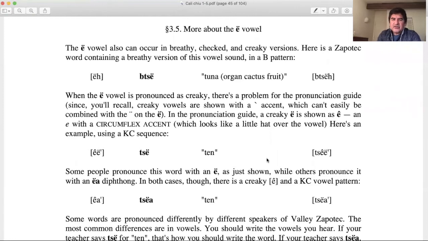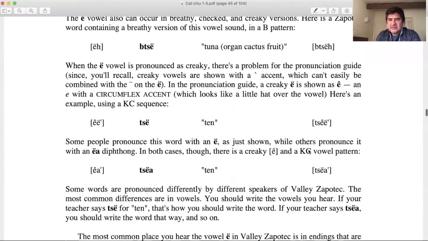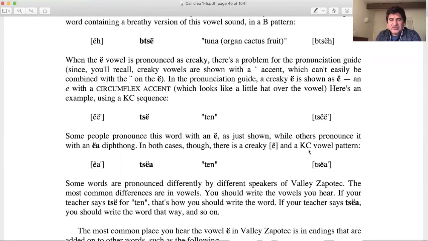So whenever you see in the pronunciation guide an E with a hat, which is not part of our spelling, but just part of the pronunciation guide, just be careful and don't freak out, like, what's going on here. We're just saying that that E with two dots is creaky. So that's all. And then the next one.